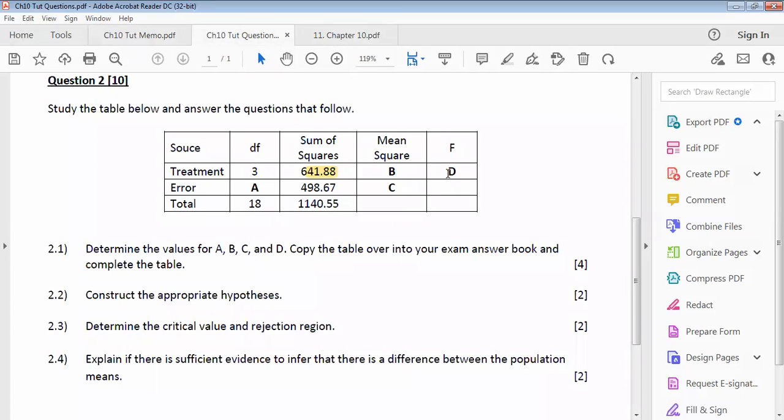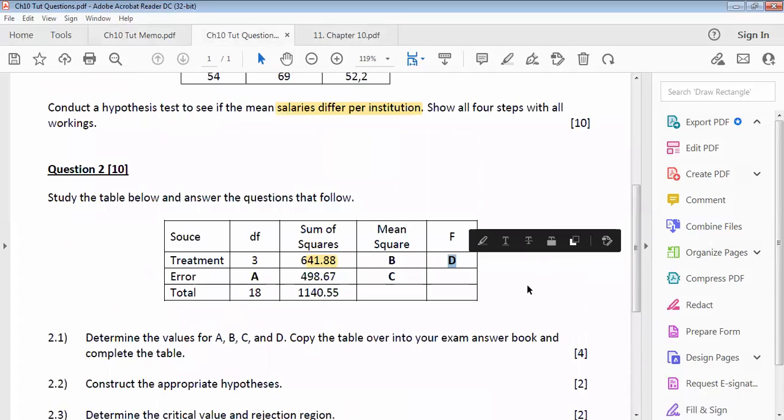What is D? Anyone wanna try? Can anyone try D?